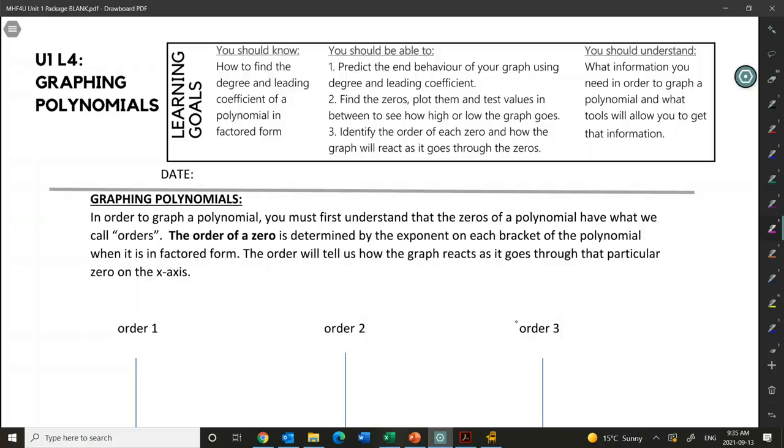P of x equals x squared, and then I think it was x minus 2 or something maybe. And we talked about expanding that to see degree and leading coefficient.